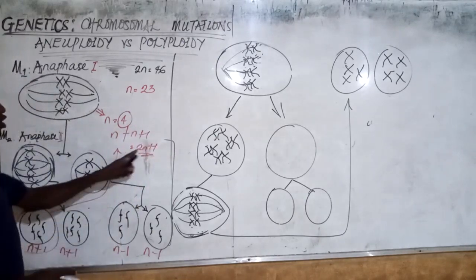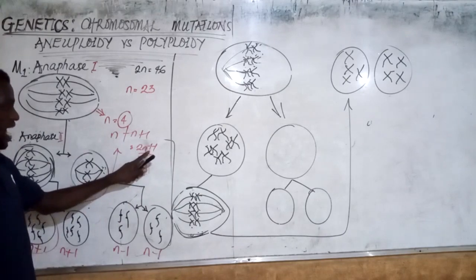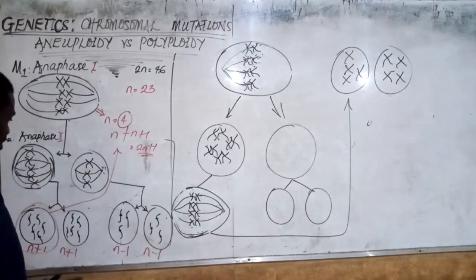So the individual becomes 2n plus 1, and this is a condition known as trisomy.